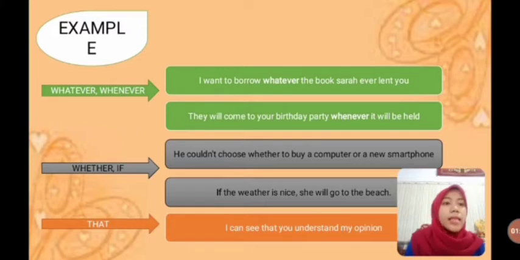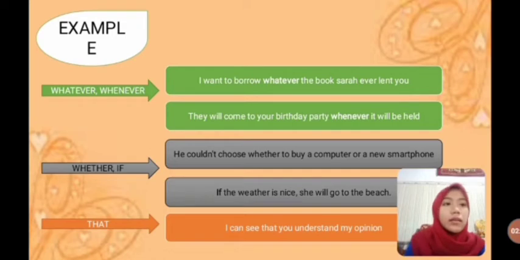The example of whether is, he couldn't choose whether to buy a computer or a new smartphone. And the example of if is, if the weather is nice, she will go to the beach.